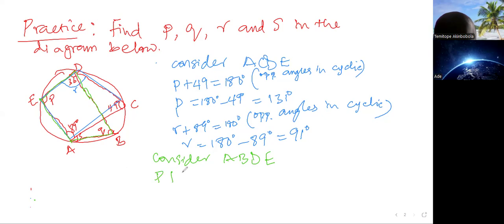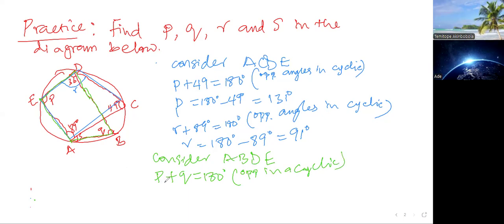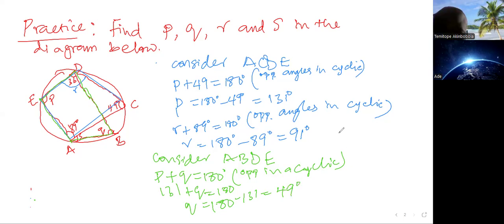Yes, sir. So P plus Q will now be 180, opposite angles in a cyclic quadrilateral. And we have obtained your P to be 131. So that will be 131 plus Q equals 180. So Q will now be 180 minus 131. It's 49. Very good. So Q is 49.